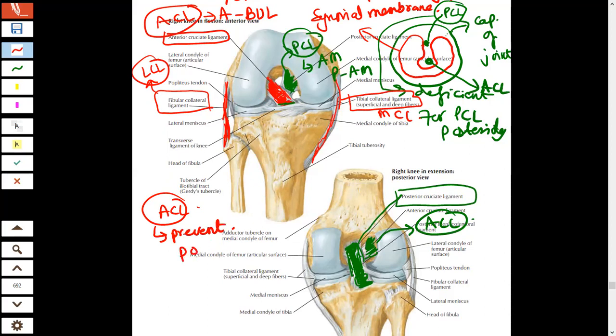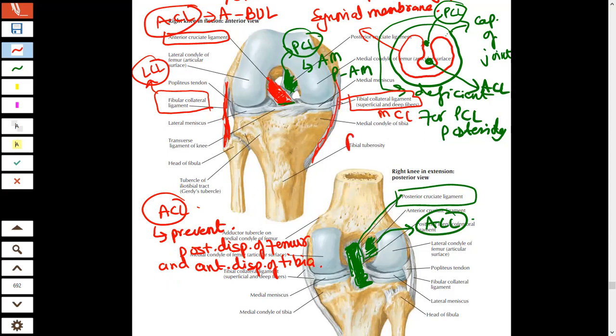Posterior displacement of femur and prevents anterior displacement of tibia. Because it is ACL, it will prevent anterior displacement of tibia, and you have to reverse this to get: prevent posterior displacement of femur.